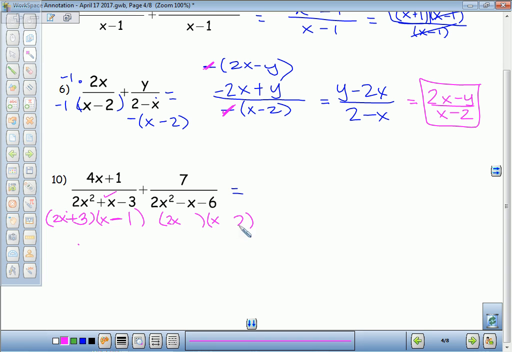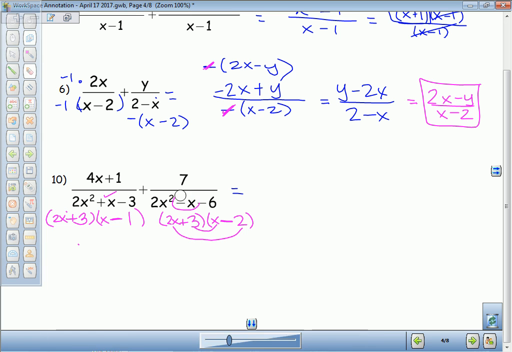And if we do a 2 here and a 3 here, do you see we get 4 and 3? If we made the 4 negative and the 3 positive, negative 4 and positive 3 makes negative 1. And that's how they factor.